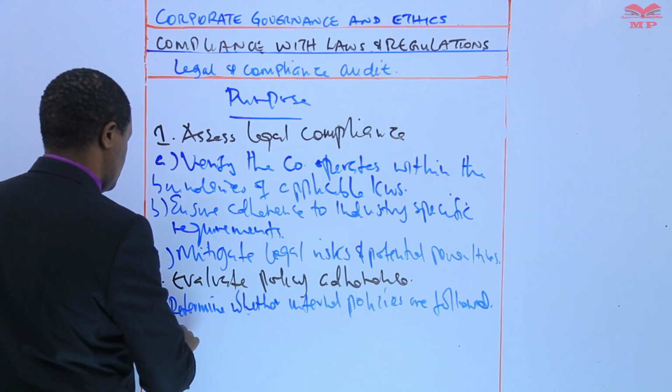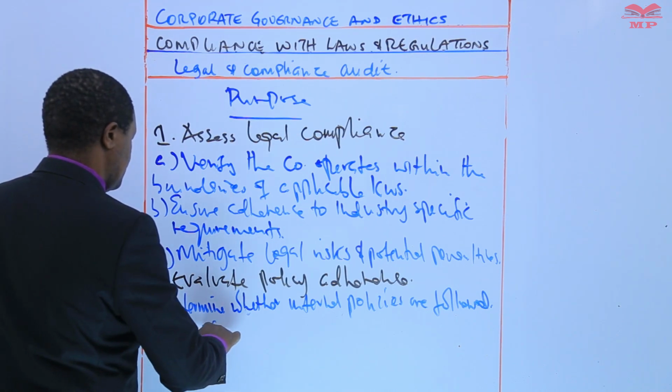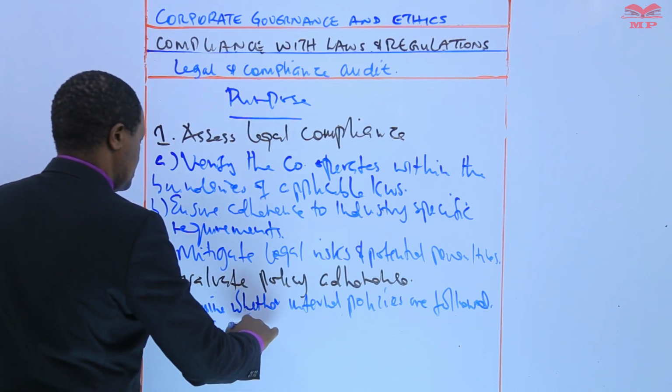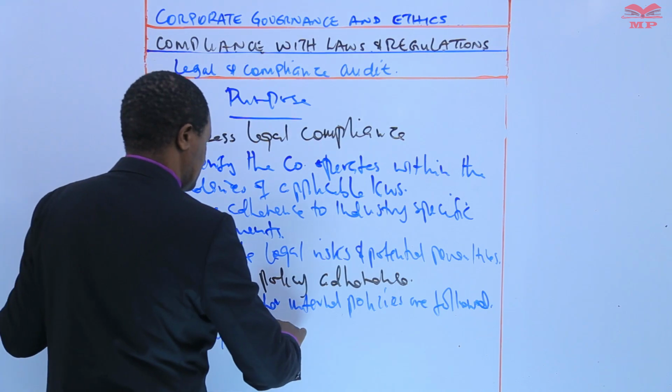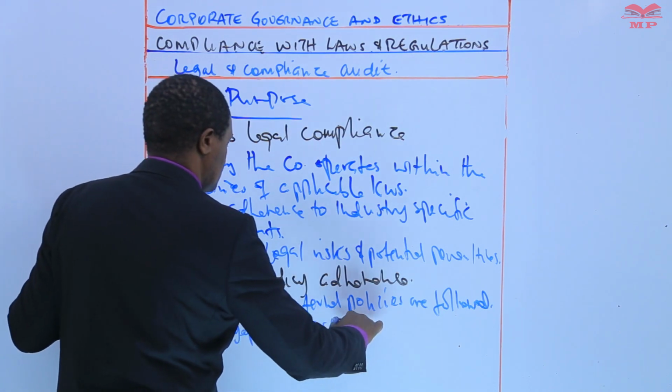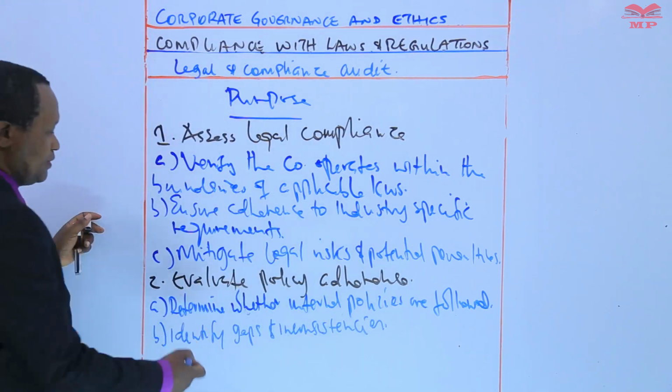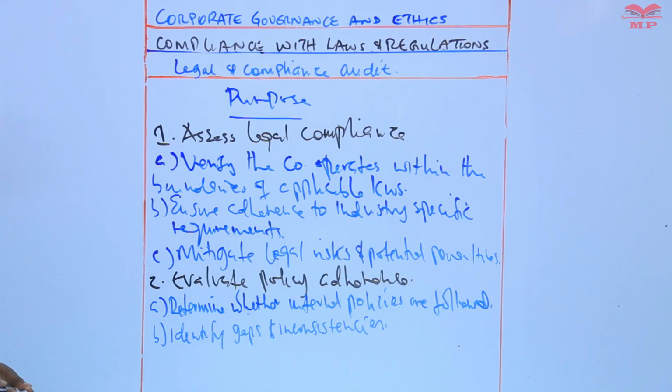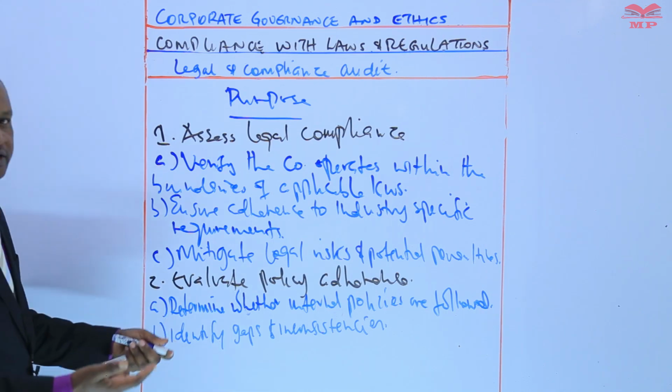Two, identify gaps and inconsistencies. The purpose of evaluating policy adherence is to identify gaps and to identify inconsistencies in policies.